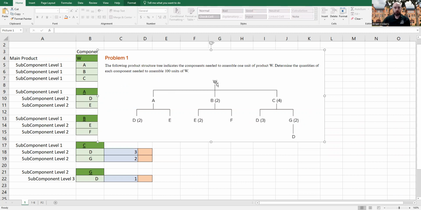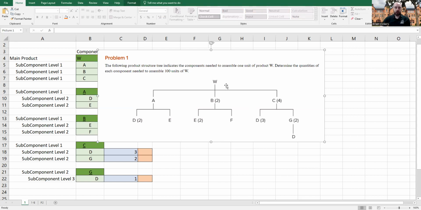This is the computer or a chair or whatever it is we actually make. Within that, we have all these subcomponents, and a certain amount of them are used to complete 1 unit of product W. Well, then those subcomponents have either raw materials or subcomponents themselves, and you need a certain quantity of those to make that subcomponent, and so on to various levels.